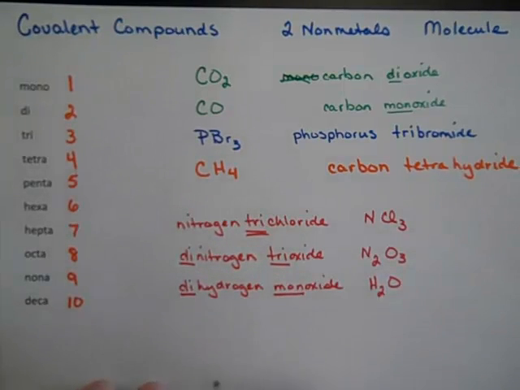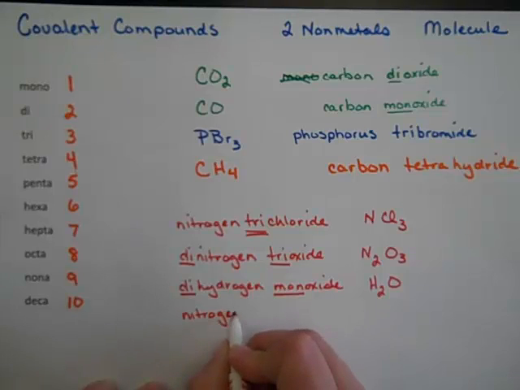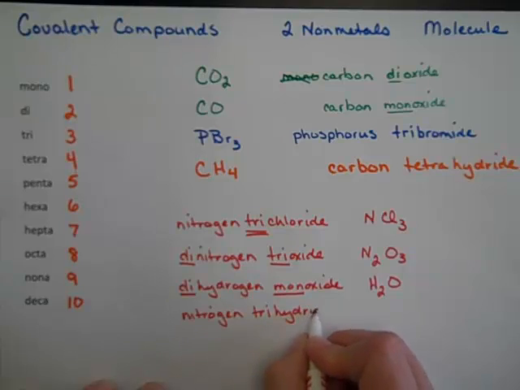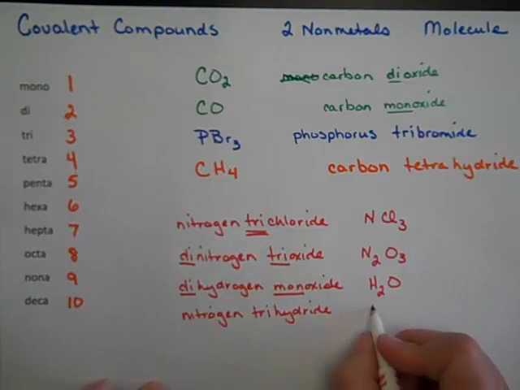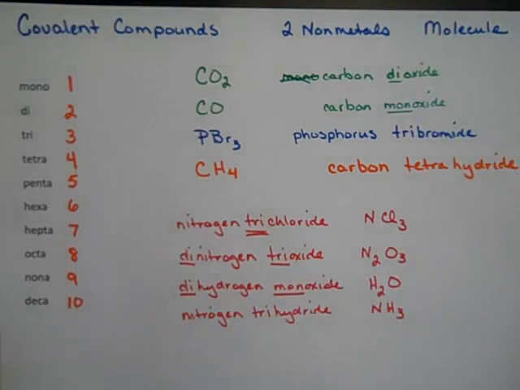This is water. Okay. If you have nitrogen trihydride, we have N, H3. This is ammonia. So a lot of times you'll see some common names for a lot of your covalent compounds, for a lot of your molecules. But the technical name has those prefixes in them.